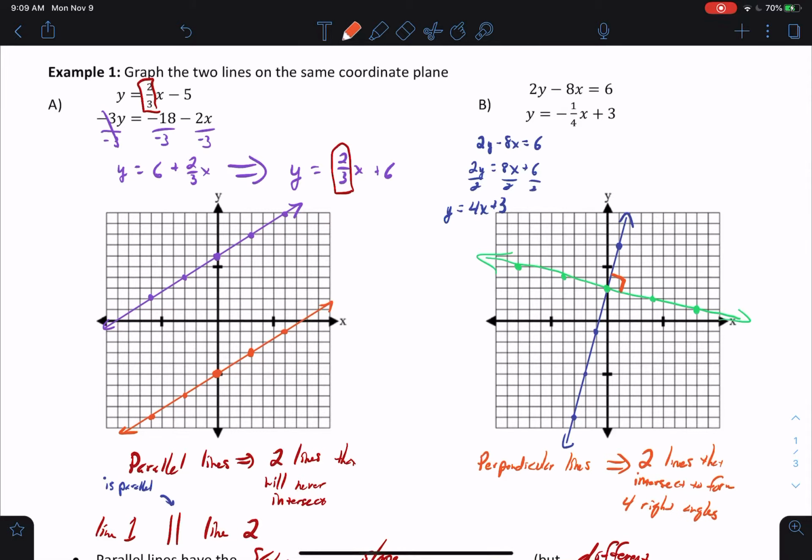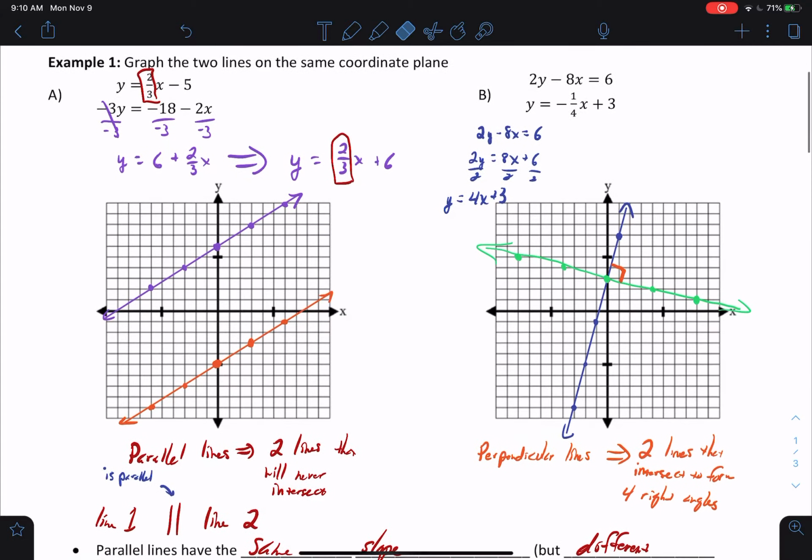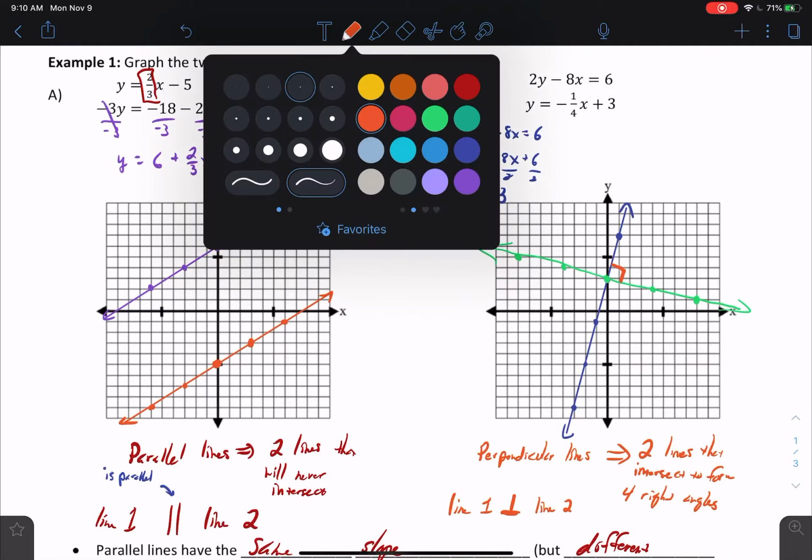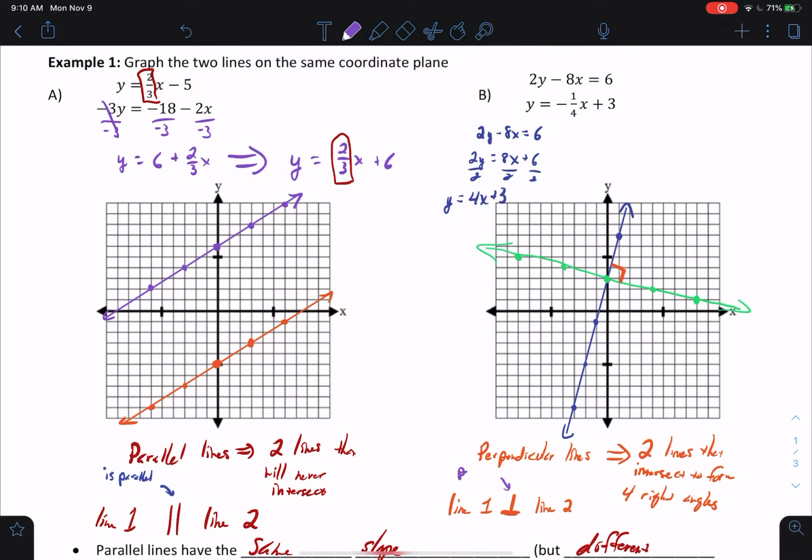So they intersect at a right angle. All right, here's the first right angle, second, third, and fourth. Okay? So, our symbol for perpendicular, we could say that line 1 is perpendicular to line 2. This right here means perpendicular.